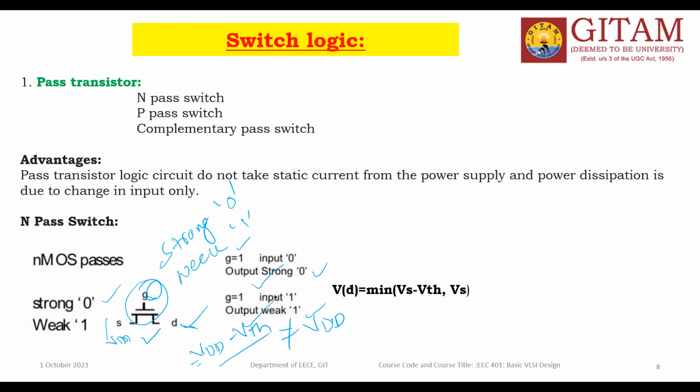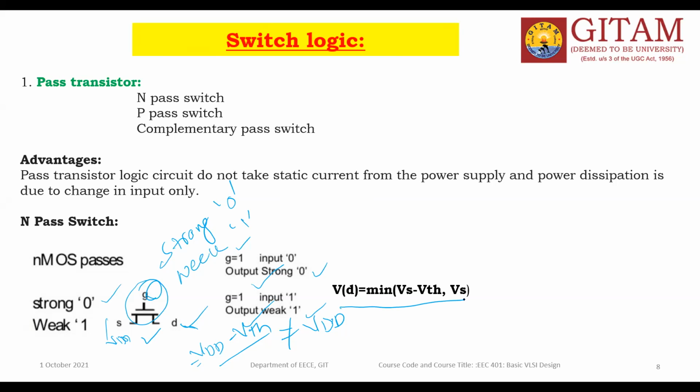Okay. Another one is this equation. In this equation, V of D, the voltage at terminal D, is equal to the minimum of Vs minus VTH, comma Vs. For example, whenever the gate is zero, the switch is open, so the input may be 0 or 1.